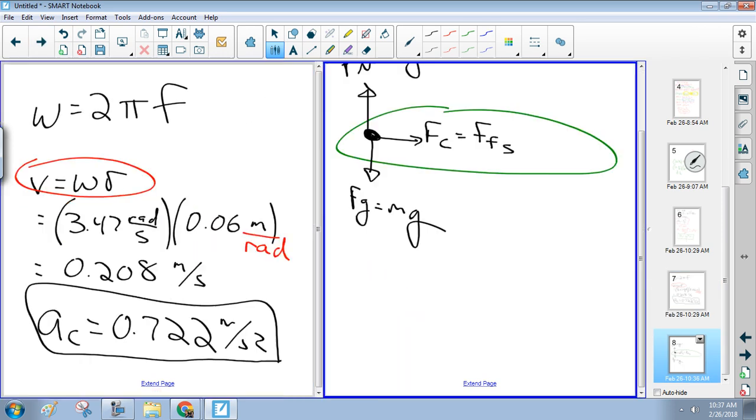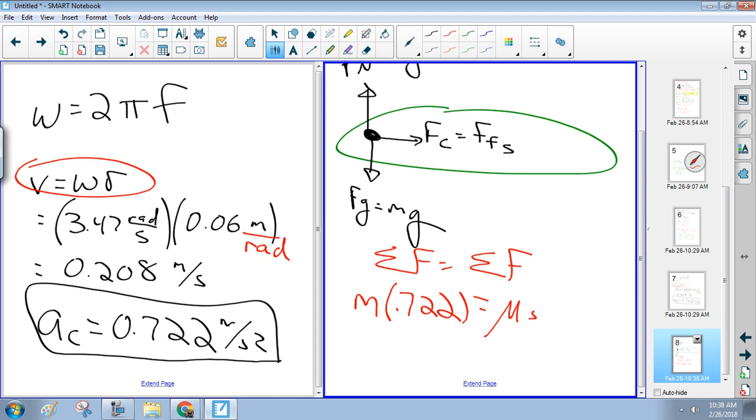So, if I can get my smartboard to cooperate, I would just say it's this. It's basically net force equals net force, right? My centripetal force is mass times acceleration. That's got to equal my net force. That's static friction, so that's my coefficient of static friction times my normal force.